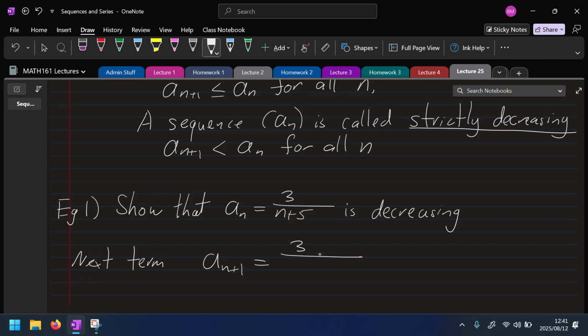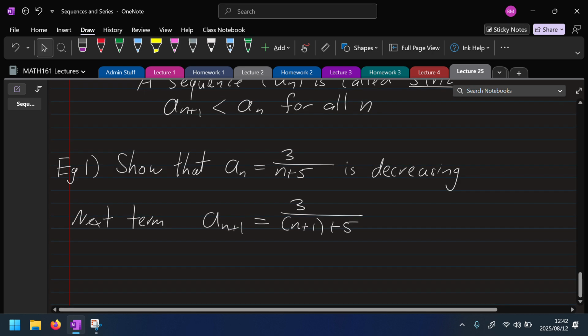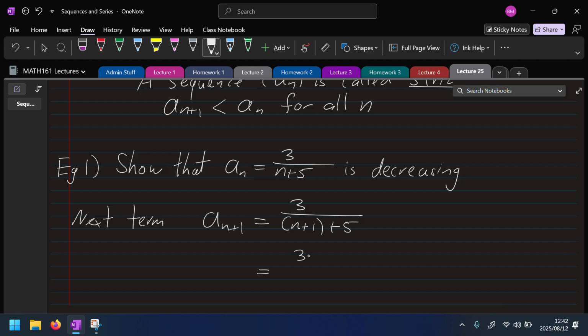So that will be 3 over n plus 1 plus 5. Now we're going to do a little bit of rearranging in this denominator. I'm going to write it as 3 over n plus 5 plus 1, just a bit of rearranging with the brackets.